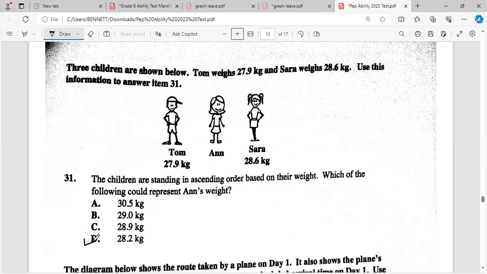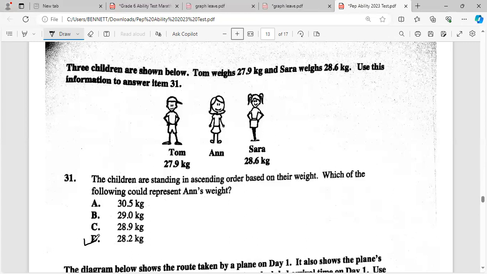So guys, you see, Anya, come on back now. Next one is going to be Ian. But look at it, guys. The 3 children are shown below. Tom weighs 27.9 kilograms and Sarah weighs 28.6 kilograms. Use the information to answer item 31. The children are standing in ascending order based on their weight.